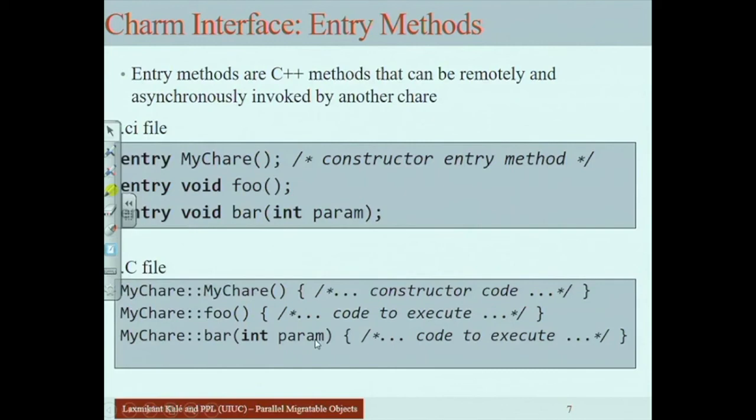You would just declare it here and the system will understand what to do with it. But since we have to separate out a .ci file so that you can generate those classes, etc., this declaration appears here as entry void bar. Of course, entry doesn't mean anything in C++. So in C++ it will just be MyChare::bar. And the parameter here must be the same as this, otherwise the system is going to complain about a mismatch, like some methods are not declared or not defined or something like that. And then you just write your usual C++ code here, right?